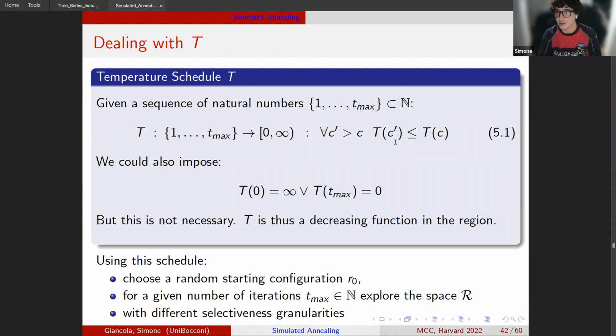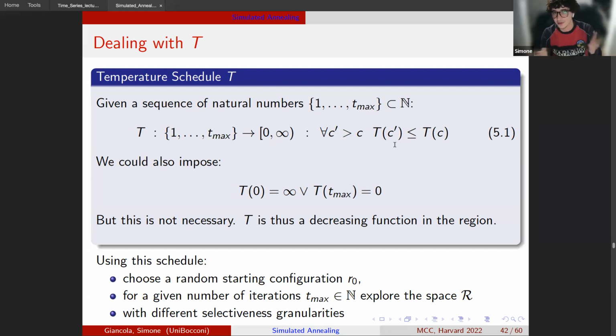You can think of keeping the temperature equal to infinity for some time, which is basically useless in the end because we are just uniformly exploring. We are not getting more selective and we're just accepting everything.